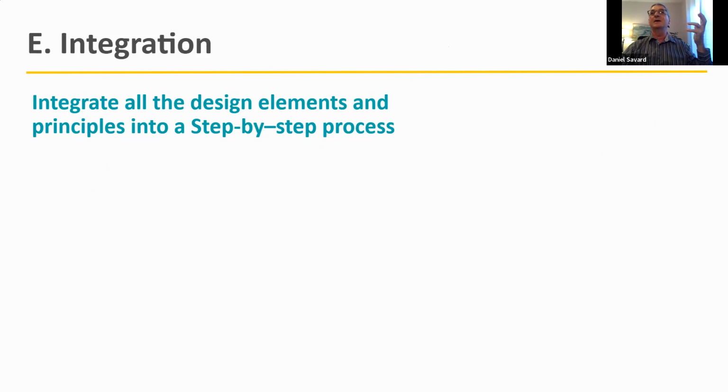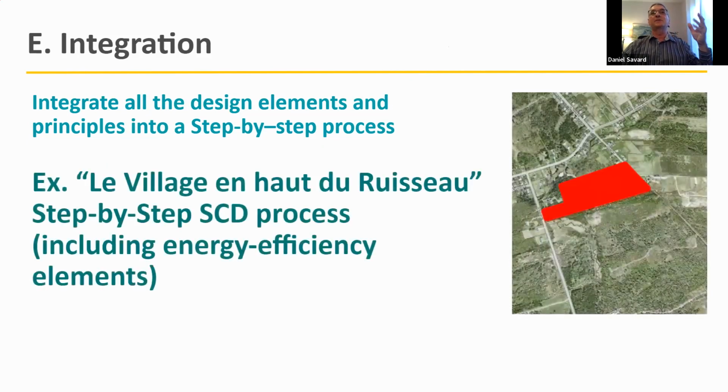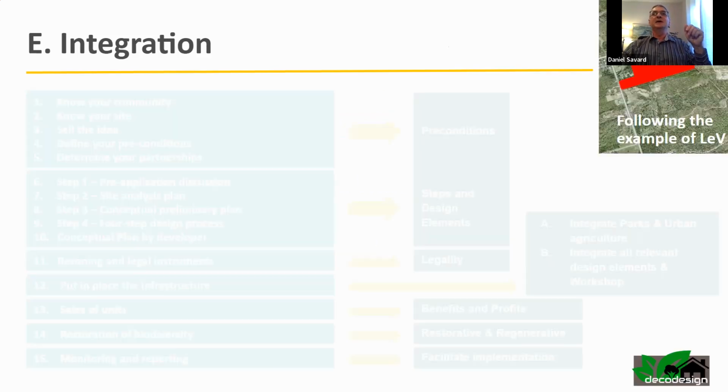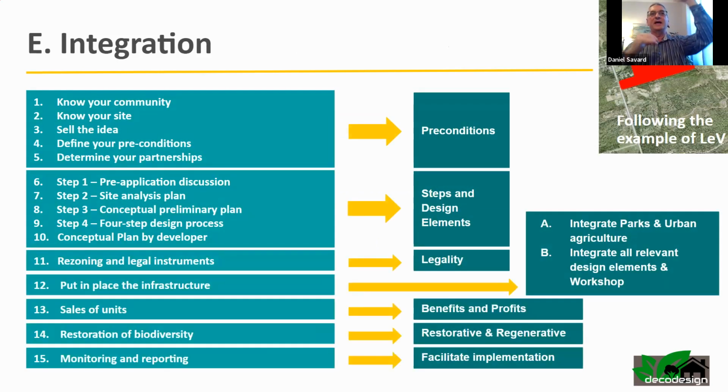Okay, now we're going to try to integrate all these design elements and principles into a step-by-step process. And we're going to use the example, of course, of Le Village en Haut des Ruisseaux, as I mentioned to you, where we have used the sustainable community design process, including, of course, energy efficiency elements. And here it is. It's all the elements here that deal with preconditions that should be there first.